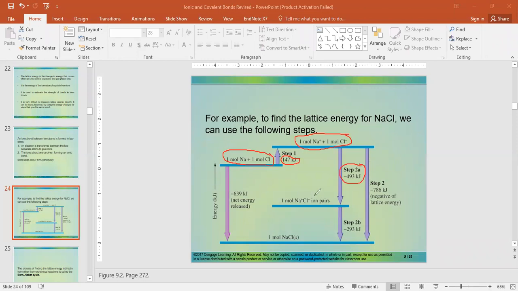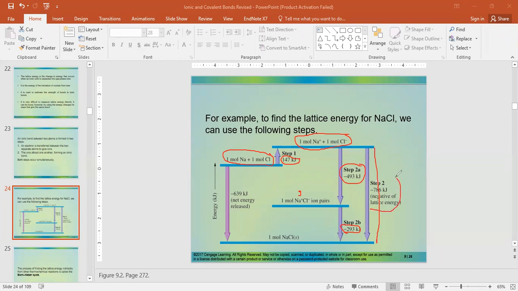In fact, what you need to know is that these are in gaseous form. Then once a lattice is formed, further energy is released. And this is illustrated in step 2B, which is the 293 kilojoules. So what are we looking at? We are moving from here all the way down here.